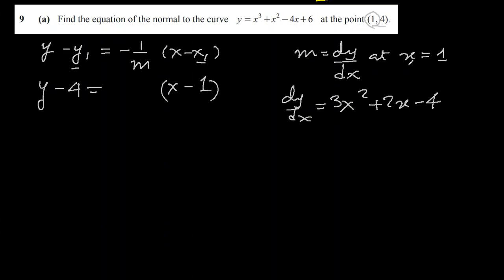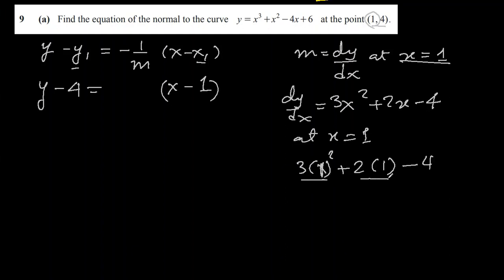We'll substitute x equal to 1 now, and we'll get the specific gradient of the tangent at that point. So at x equal to 1, it becomes 3 times 1 squared plus 2 times 1 minus 4. So 3 plus 2, 5 minus 4 equal to 1. So we get here 1 over 1, and the negative is already there, so actually negative 1.